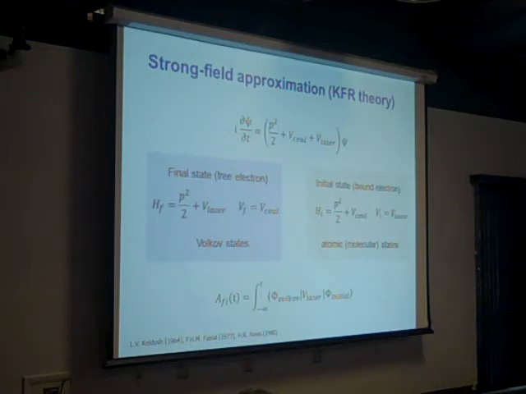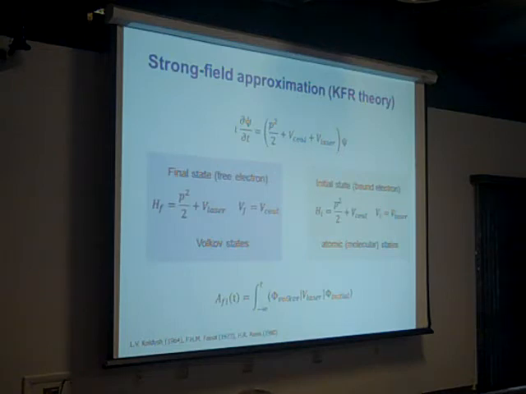In the final state, the electron has left the atom. At that point, the laser field should be the stronger interaction than the Coulomb interaction. So I'm switching from this reference Hamiltonian to this reference Hamiltonian, where my electron is interacting with the laser field, and I'm neglecting the Coulomb interaction.